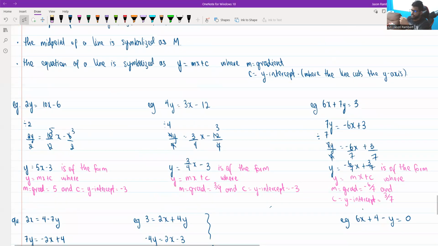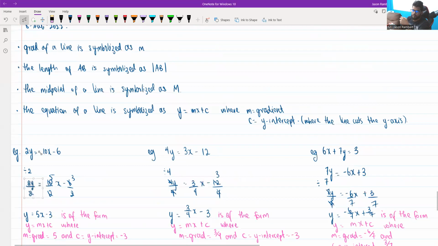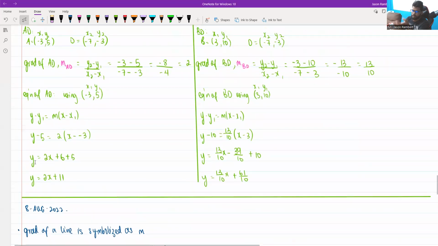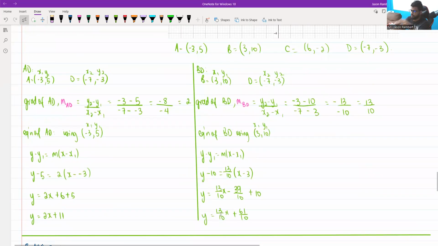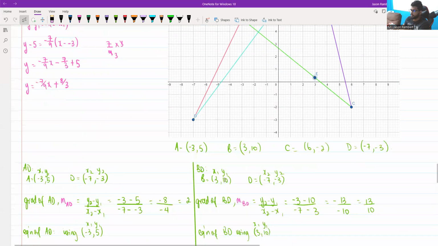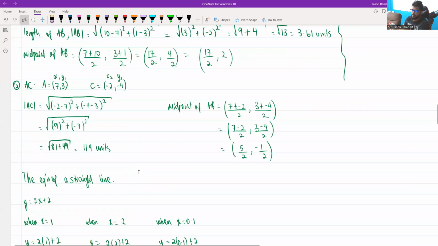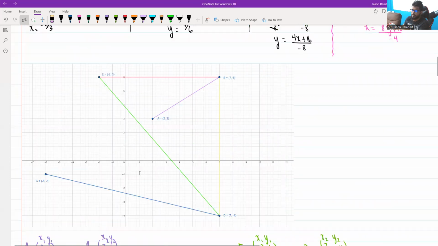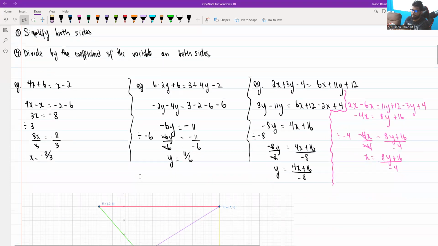The coefficient of y here was positive. Positive. Positive. We have to go all the way up when we solve the equations. The coefficient of the variable we're solving for was positive.